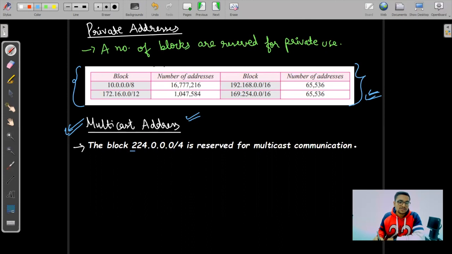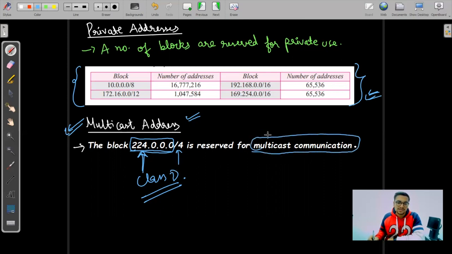The block 224.0.0.0/4. The 4 is not a class; it's just this particular block, 224, which belongs to class D. And as I earlier told you, class D IP addresses are generally used for multicast communication. So that is what has been given over there as well.